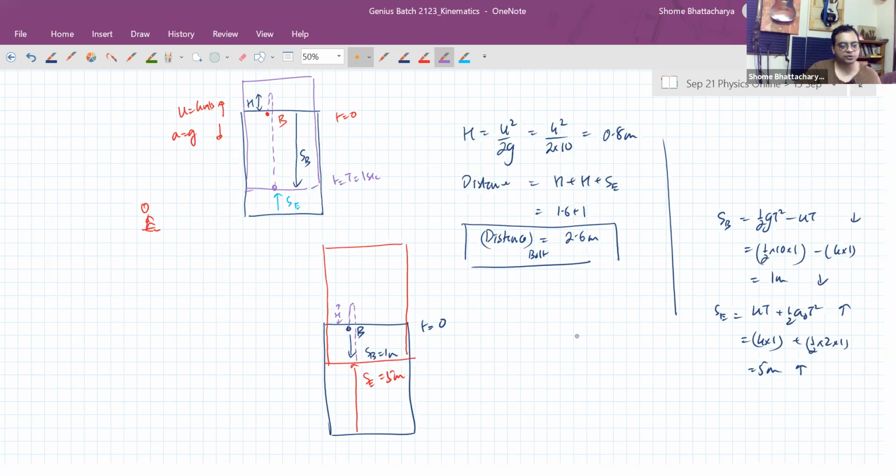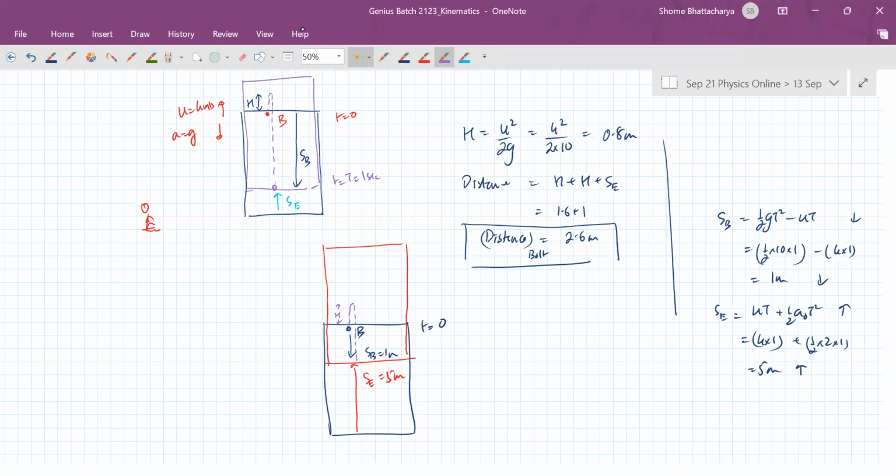But throughout that time, for the person standing inside the elevator, it looks like the bolt is always coming down. Because even while the bolt is ascending, the elevator is itself ascending at a faster rate. So in the frame of the elevator, it's always coming down. I hope that point is clear to all of you here.